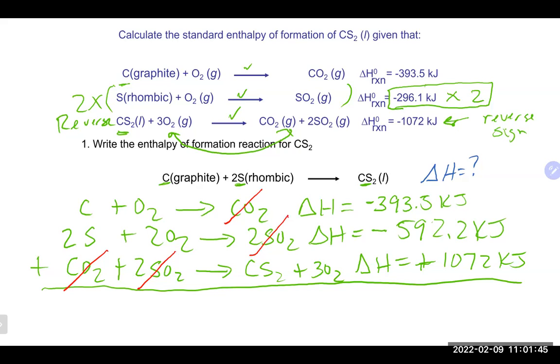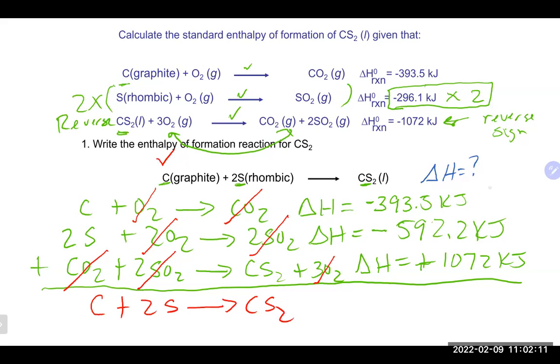Those guys cancel. If we look at this O2, that's 1 O2 plus 2 O2 on the left. That's 3 O2s on the left-hand side, which will cancel out the 3 O2s on the right-hand side. I think that's all the canceling. And we are left with a carbon plus a couple of sulfurs go to CS2, which is what we're looking for in terms of the equation.